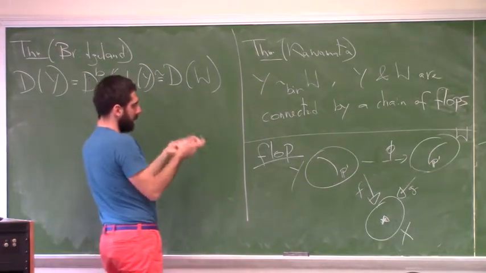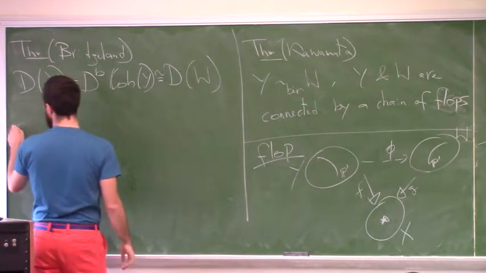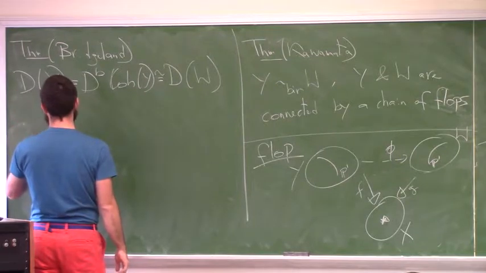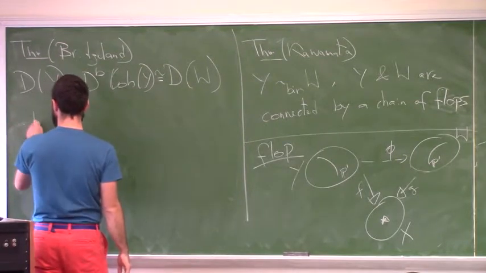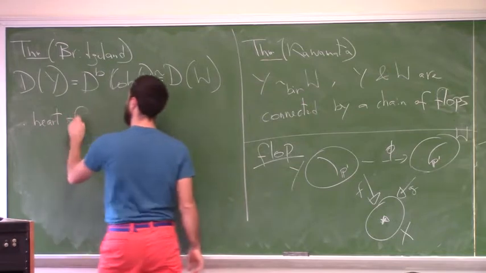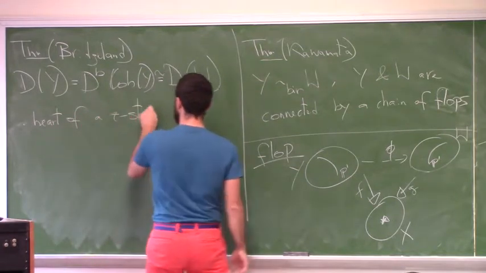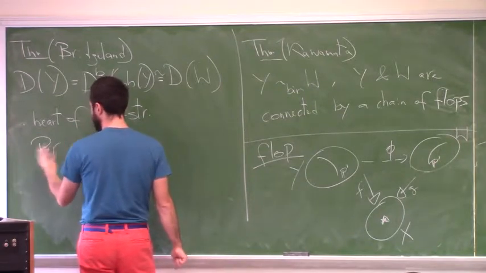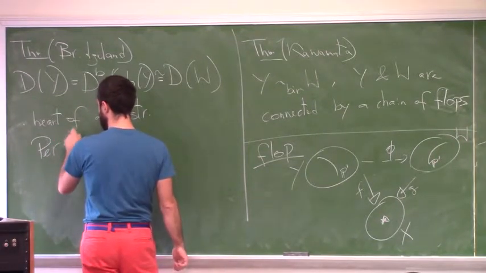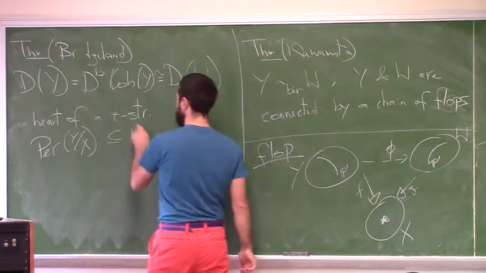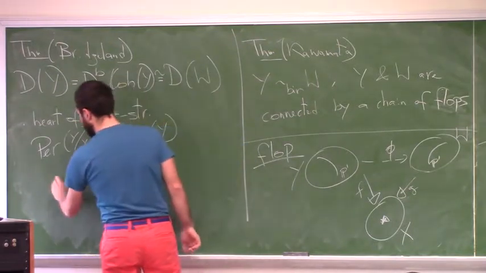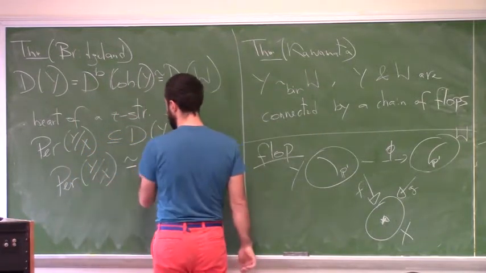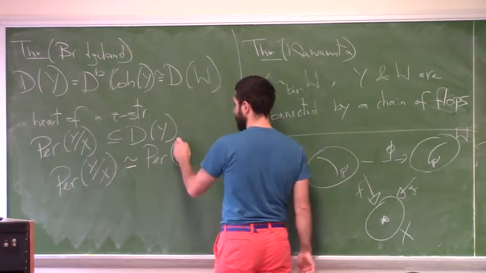But actually, Bridgeland tells me way more than this. There's a heart of a t-structure, which he called the category of perverse coherent sheaves, inside of D of Y. And the equivalence sends this heart on one side to the corresponding heart on the other side.